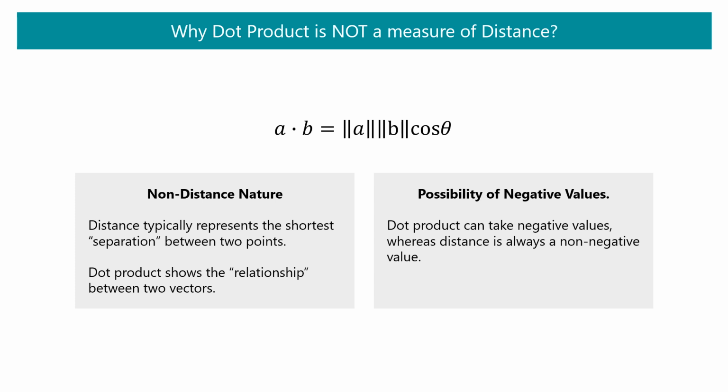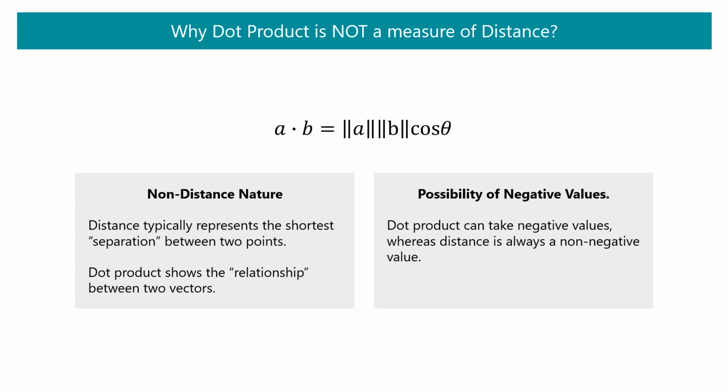Next, we want to clarify why the dot product is not a measure of distance. The first reason is its non-distance nature. Distance typically represents the shortest separation between two points in physical space. But the dot product shows the relationship between two vectors. A large dot product does not necessarily mean that the two vectors are close together.